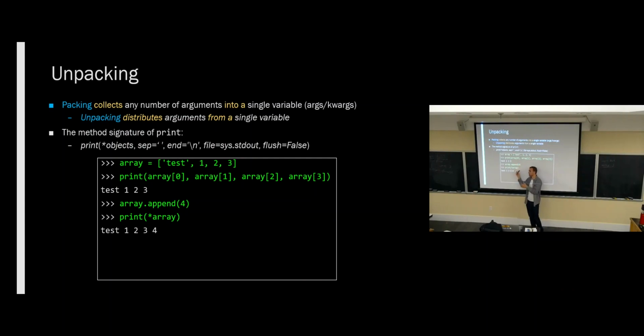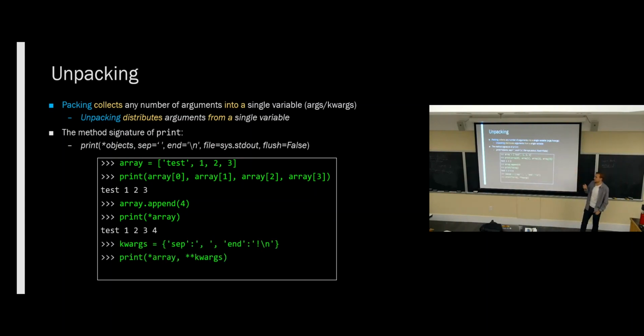Here we're calling the function and unpacking a single variable into any number of arguments. And the same thing works for dictionaries, just like how you'd expect. You can star kwargs into a print function. So here we change the separator into a comma instead of just a space, and we're changing the end line to an exclamation point. So we get what we expect.